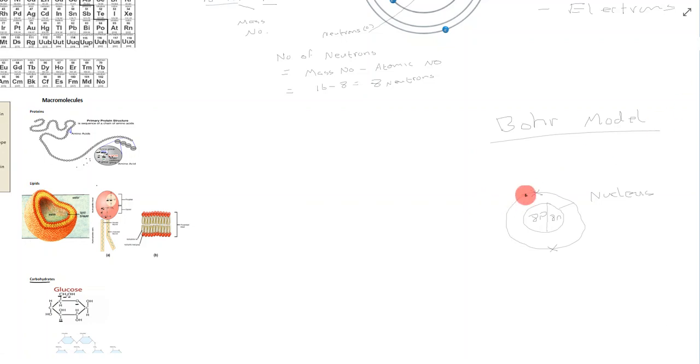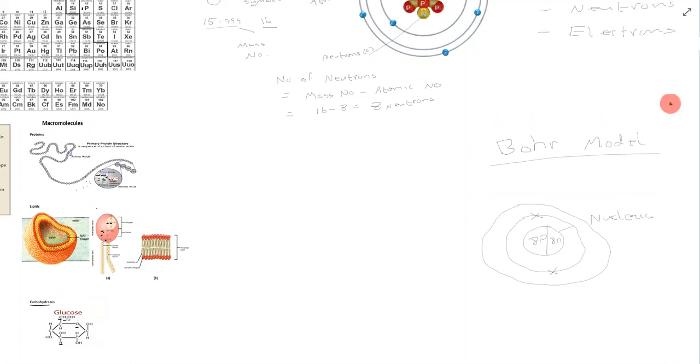So we can write it like this. And then we have the second shell, which is something like this. We've used up 2 of the electrons, and we know that we have 8. The second shell can hold up to 8 electrons.